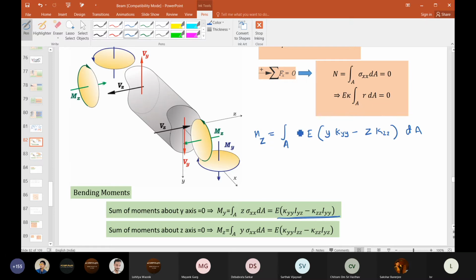Let me do this: E kappa yy area integral, let us say y square dA, minus E kappa zz into yz dA.